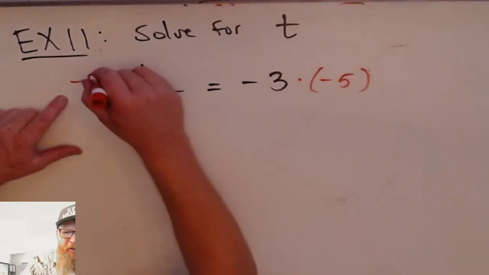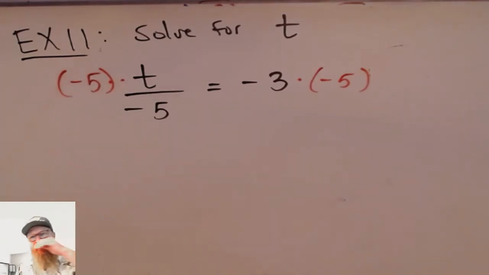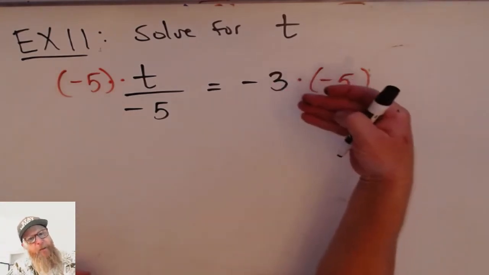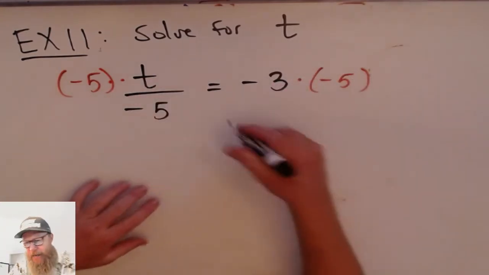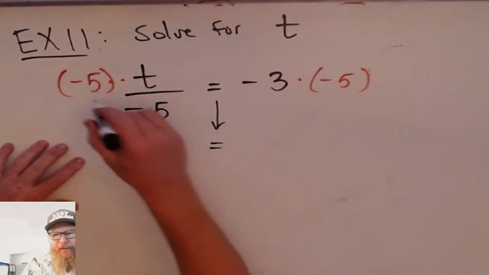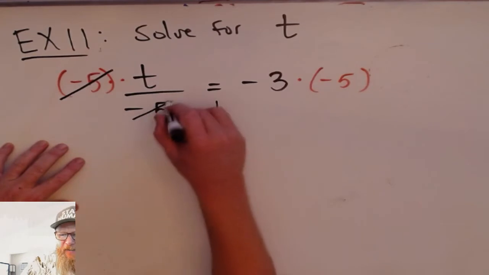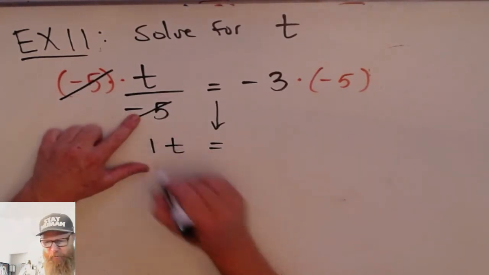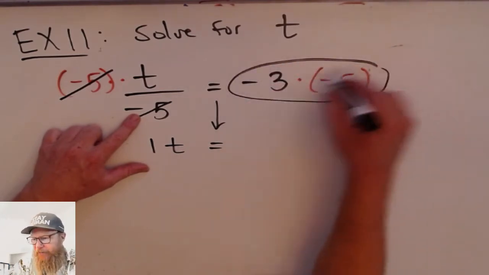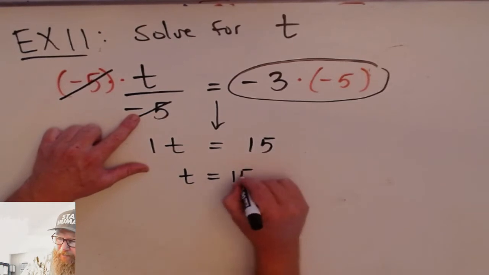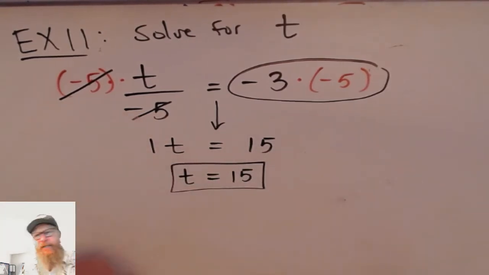If you prefer, you can use parentheses on both sides if it makes it a little bit safer. So for the left, I multiply on the left. For the right, I multiply on the right. And that leaves my equal sign clean, so I don't have a bunch of mess right here. Typically, we just cross these guys off. -5 divided by -5 is 1. -3 times -5 is 15, and we omit the 1. So t is equal to 15.